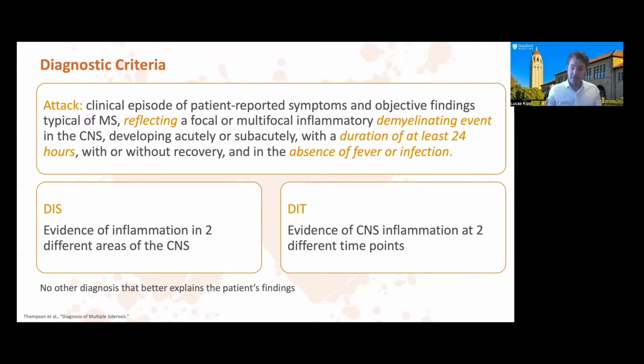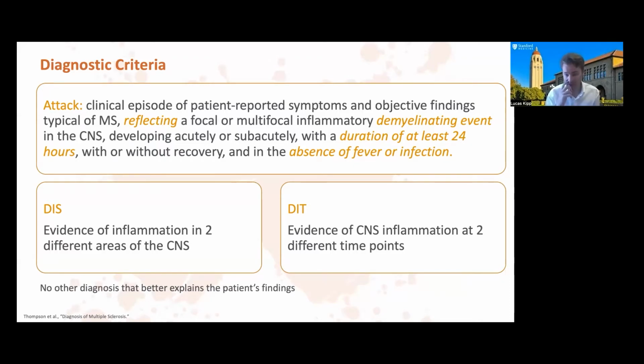Now, once you've identified an acute attack, something that sounds like a demyelinating syndrome, to actually make an MS diagnosis, you've got to prove two things. One, that the inflammation has happened in two different regions of the central nervous system, and two, that the inflammation has happened at least two different points in time.